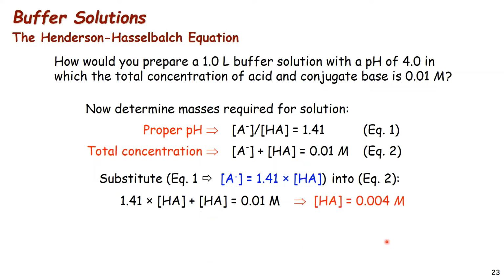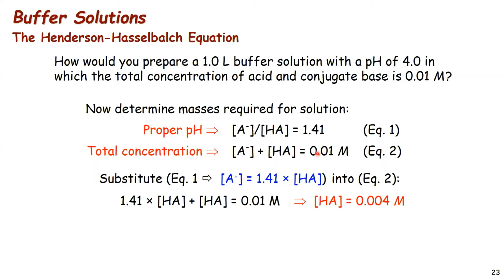Okay. So when we do that and solve it, we get the HA concentration. We're going to take 0.01 divided by 2.41, and that's where this number comes from here, 0.004 molar for the acid. Now we're going to take this and plug it into either one of these equations. It doesn't matter.